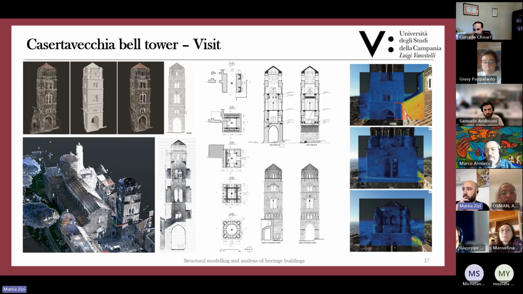Also, we performed some investigation in order to understand the state of conservation of the tower. And this was performed by using some thermal camera that gave us information about the external temperature and the eventual presence of some degradation phenomena.